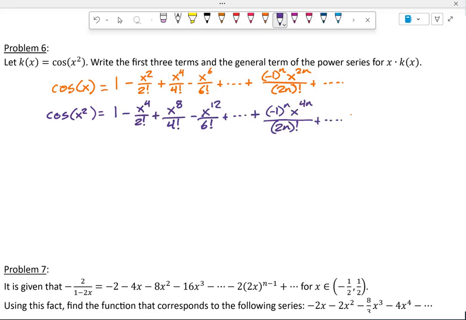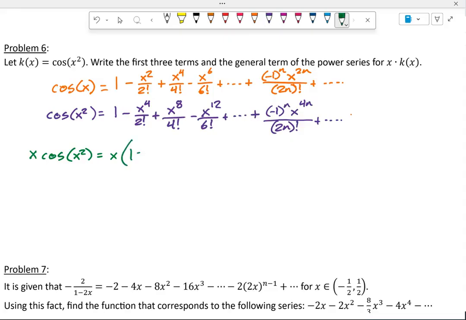All right, good. So that is cosine of x squared. So now we need to do the x times cosine of x. So let's do x times cosine of x squared. So x times all of this.